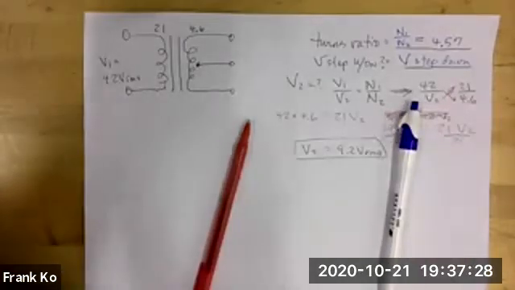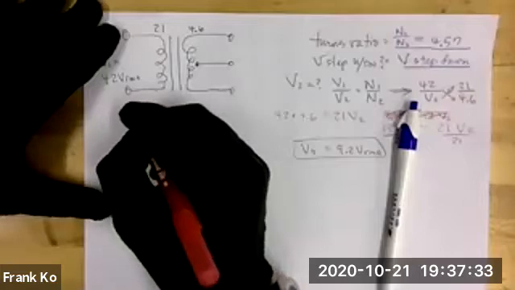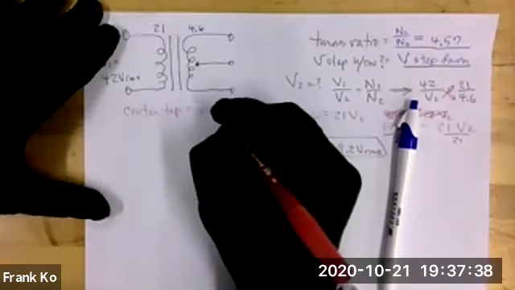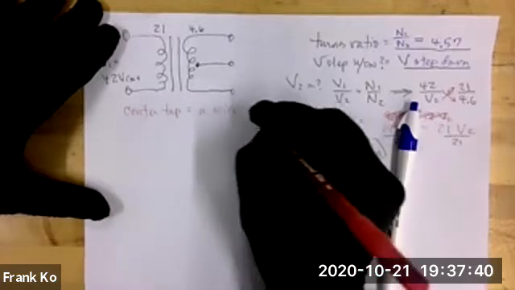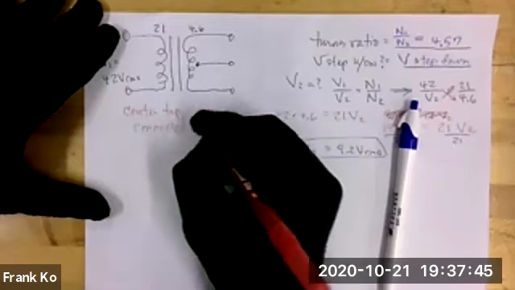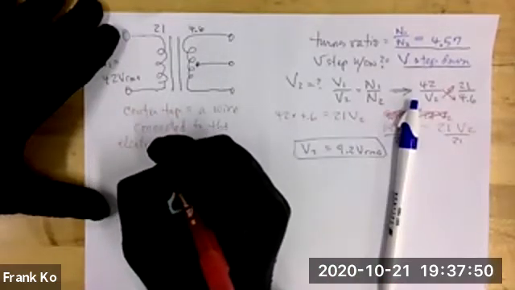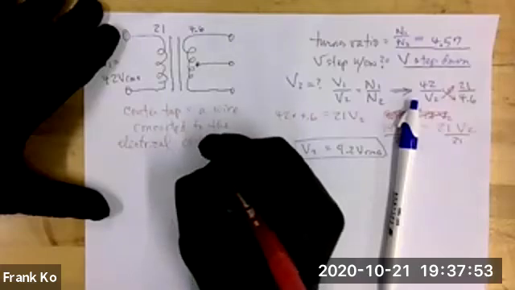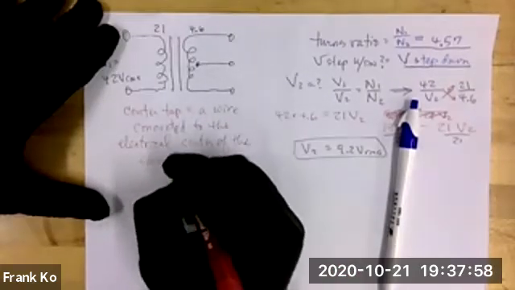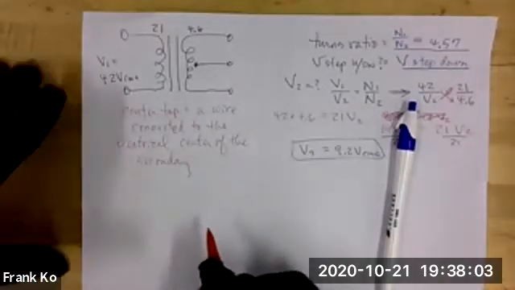Now, check this out. The whole thing about the center tap is that the center tap equals a wire connected to the electrical center of the secondary.